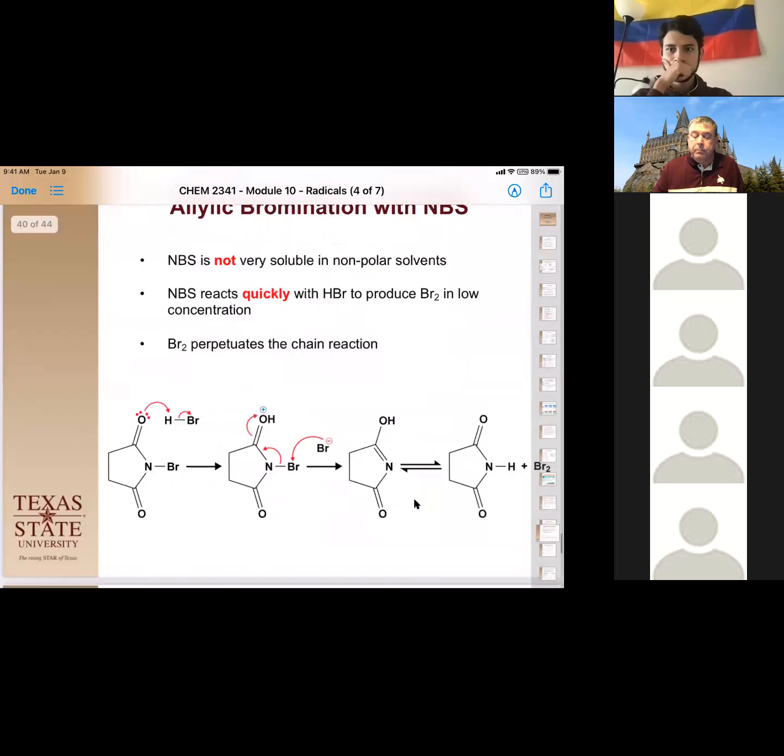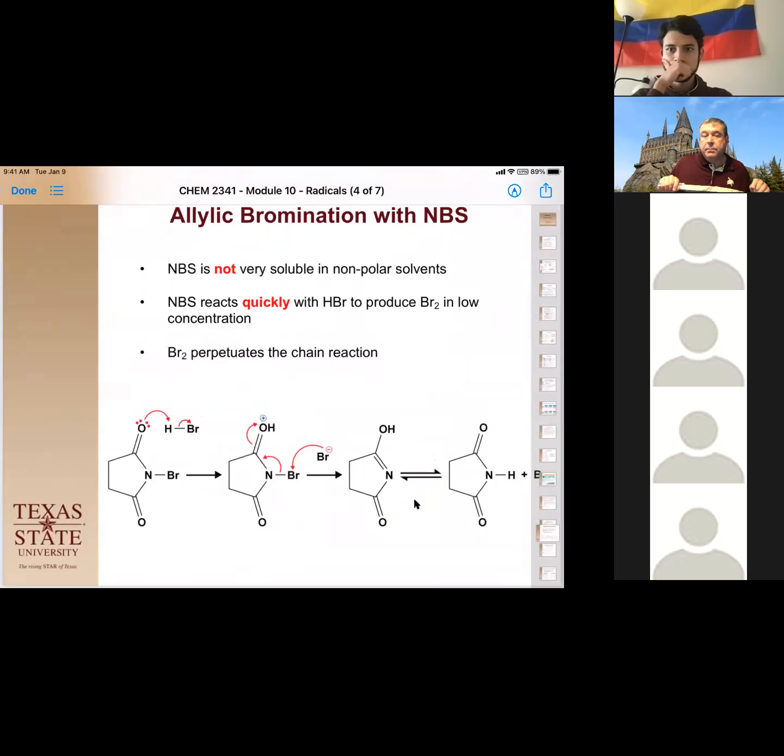So what we have to do is make sure that we do use the NBS and we slowly add it. It does quickly react with HBr. So we want to make sure we're abstracting that hydrogen and not producing HBr. Once we do that, it produces bromine at a very low concentration. Once we get that bromine at that very low concentration, if we keep it in that low concentration, we get the preferred allylic addition as opposed to the dibromo byproduct.